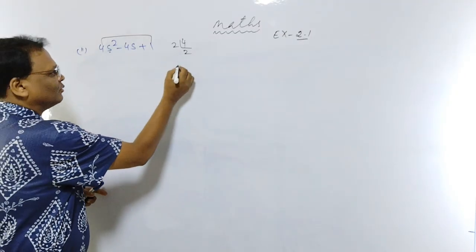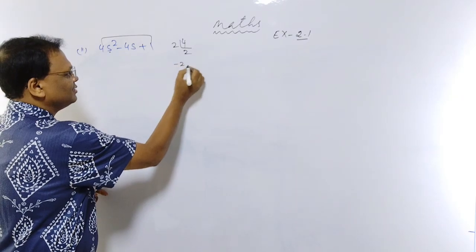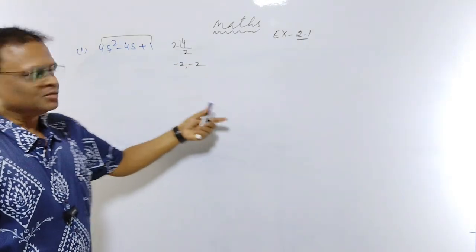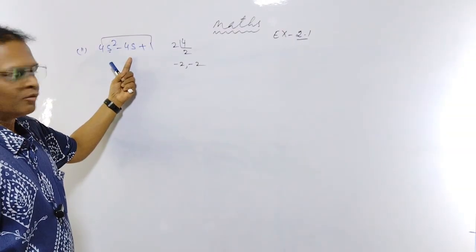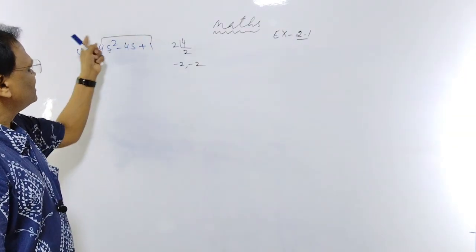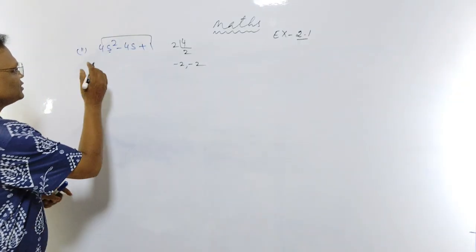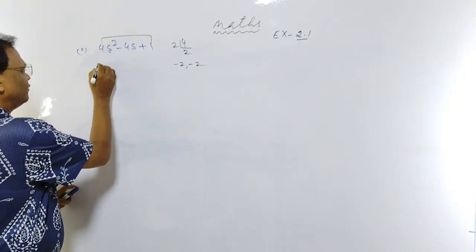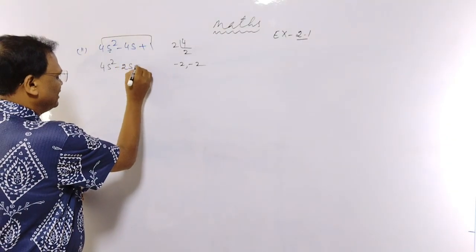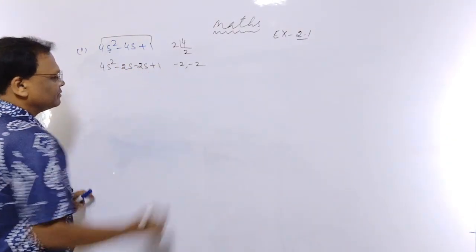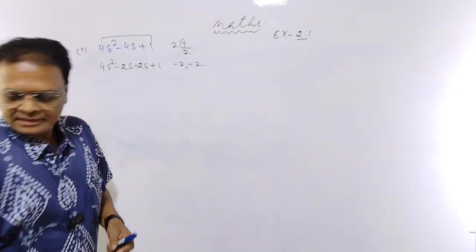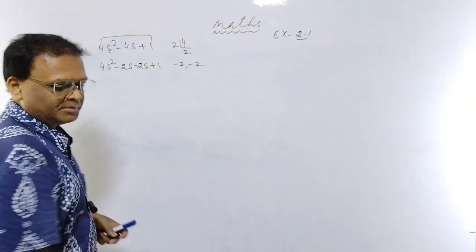But how to write? Both the numbers, one is minus 2, the second is also minus 2, because minus 2 and minus 2 gives me minus 4, and minus 2 into minus 2 will give me plus 4. 4 ones are 4. So write, instead of this one, 4s square minus 2s, again minus 2s plus 1. Over. Now, what to do then?